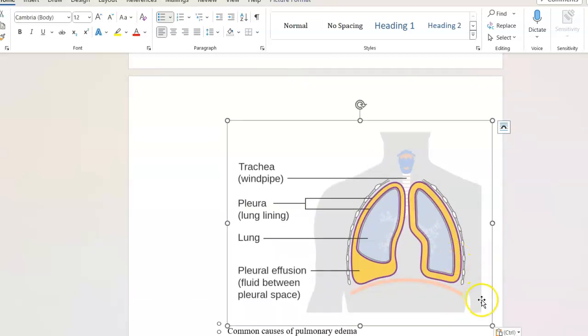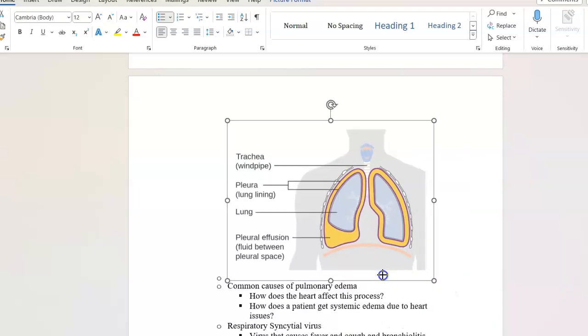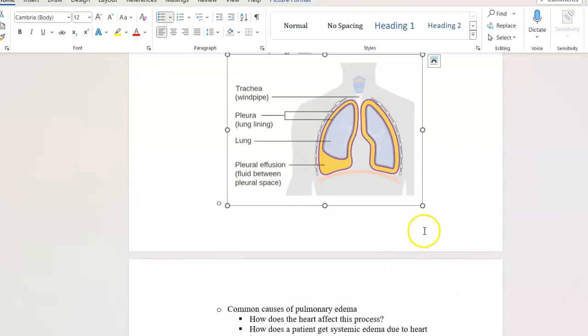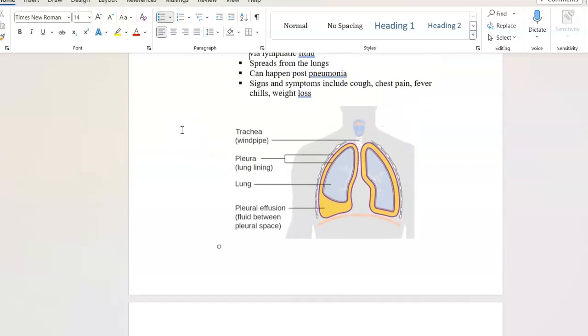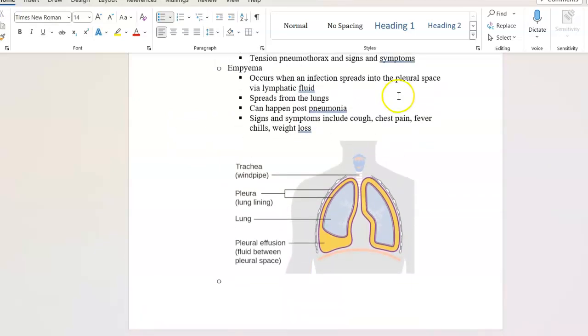Okay, so here is the pleural space. It's basically, just think of it as a double membrane. So you could get fluid in there, which is pleural effusion in general, but it specifically can be empyema.